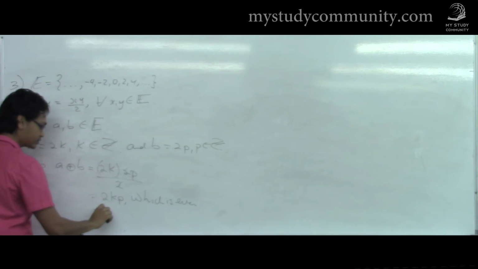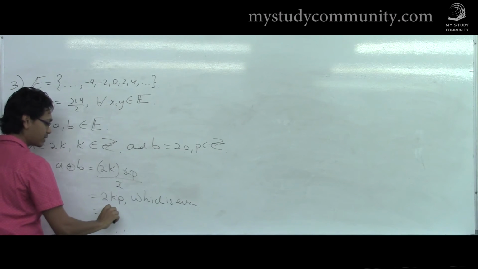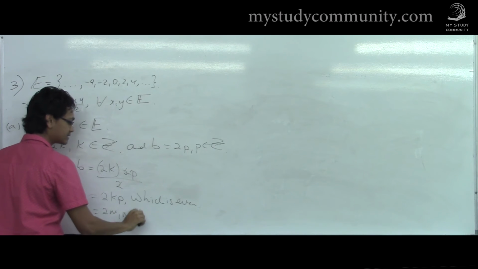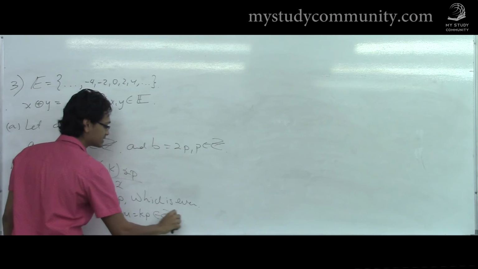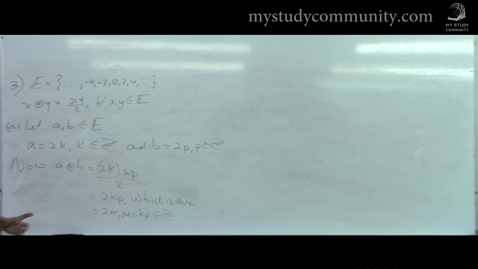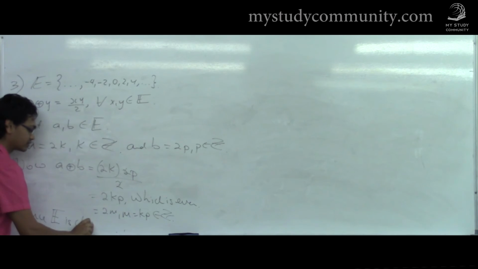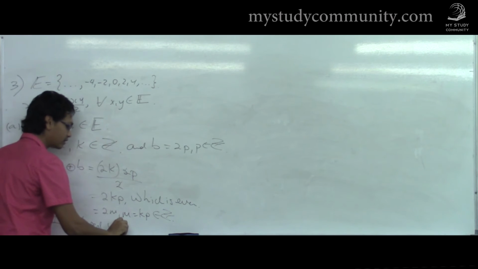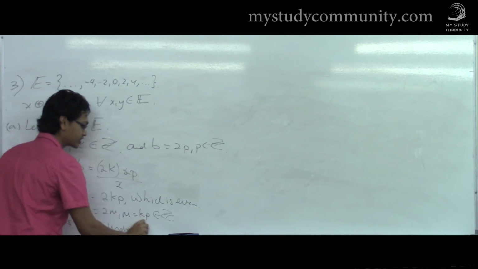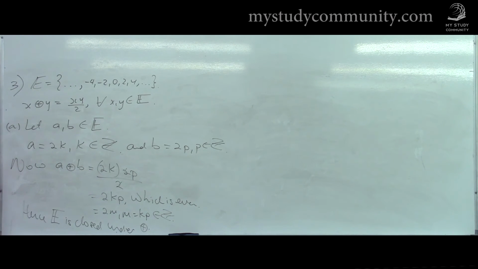Or you could write 2 by M, where M is KP and that is in Z. Yes? Because that's how it's defined, right? If it is in E, it's 2 by something. Hence, again, the set E is closed under the operation. And the operation is circle plus in this case.